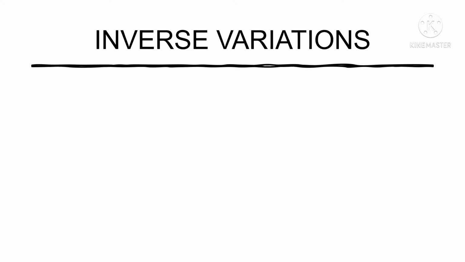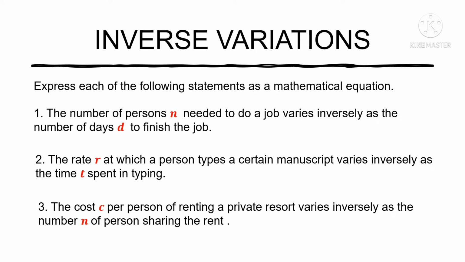Let us improve your skills on how to translate statements of inverse variation into mathematical equations. So we have three statements. Number one, the number of persons n needed to do a job varies inversely as the number of days d to finish the job.